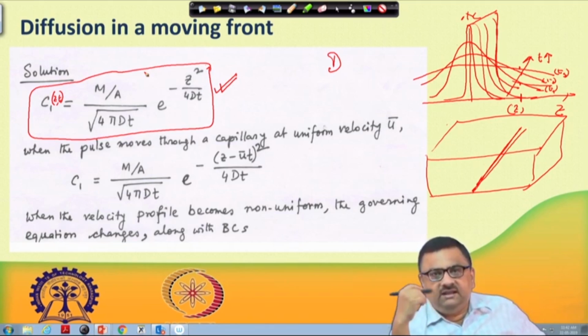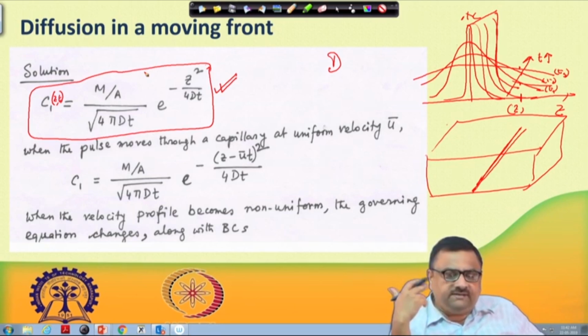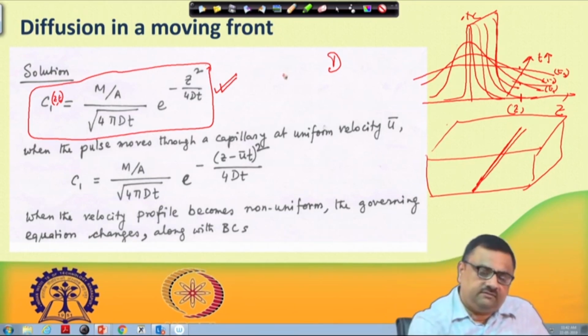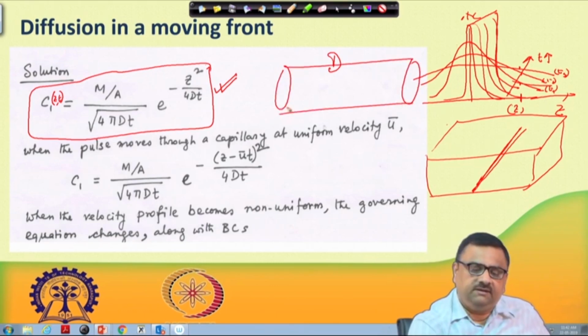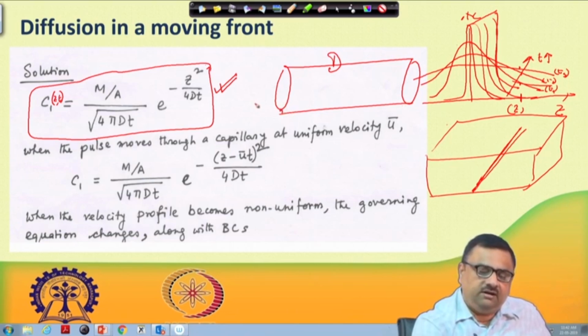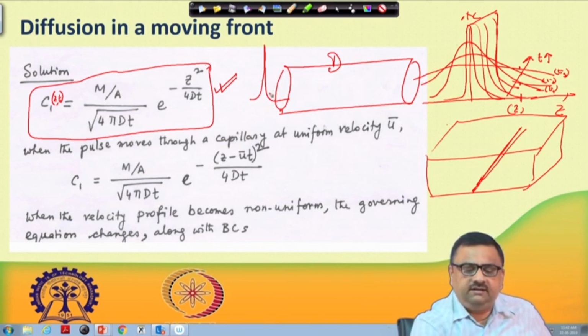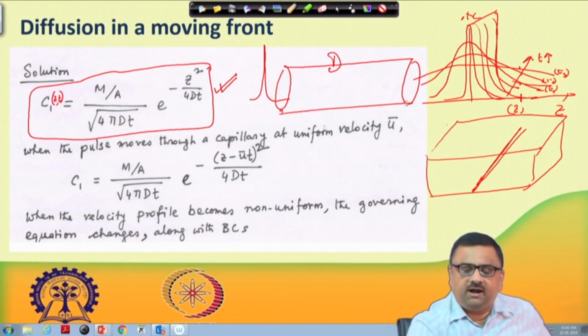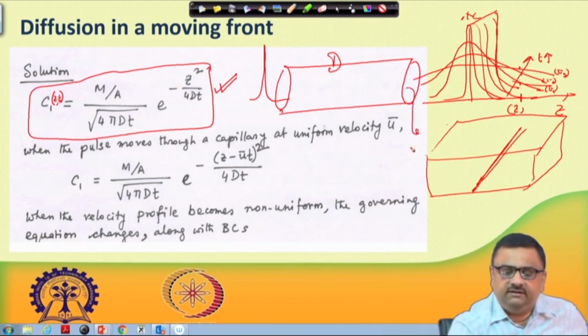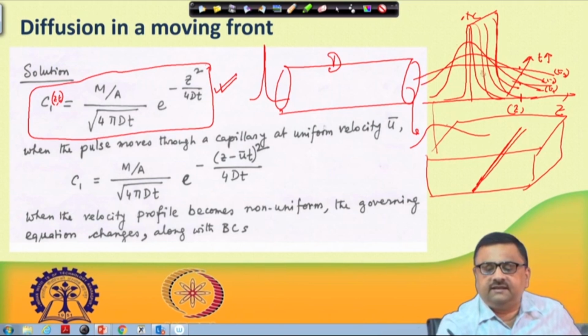We will simply change this equation, and particularly our plan here is that if this is the porous medium, and if we introduce a Dirac function here, and this Dirac function travels through the porous medium, by the time it comes out, this Dirac function must have flattened like this, just like it is happening here.